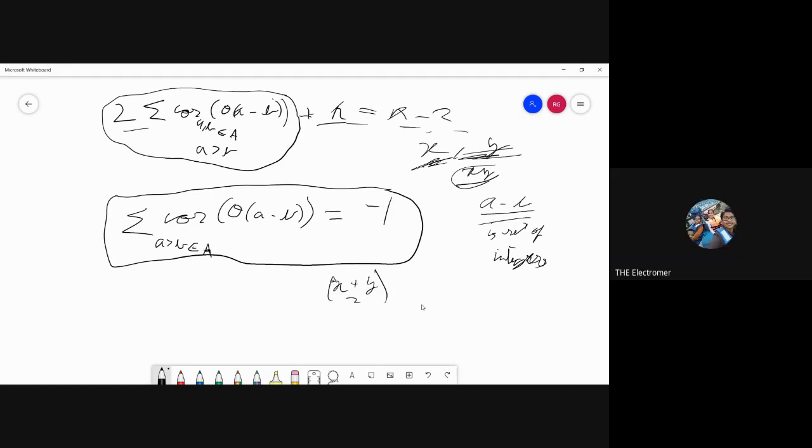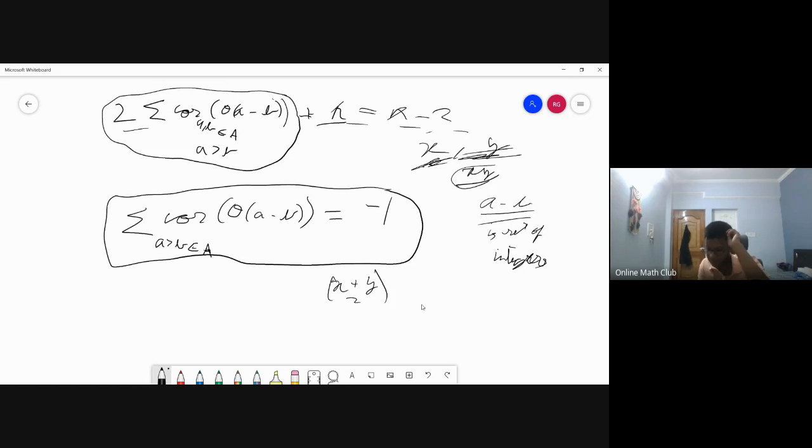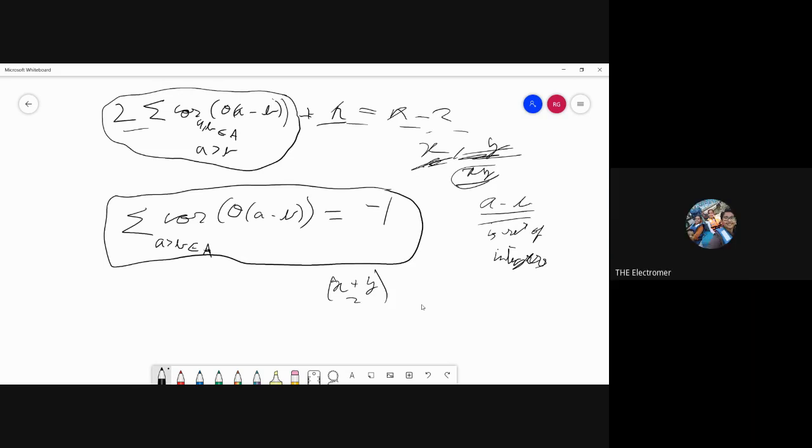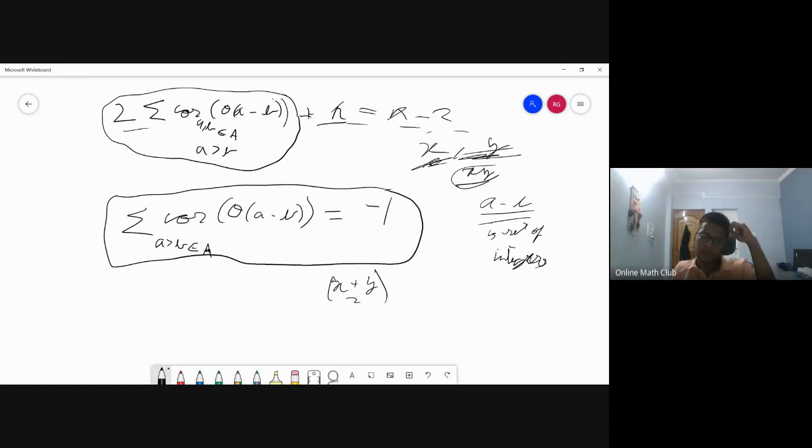We could write it as, okay, so do we know that n theta can be written as a polynomial of cos theta, I think.